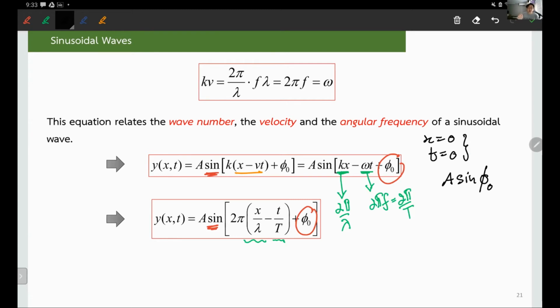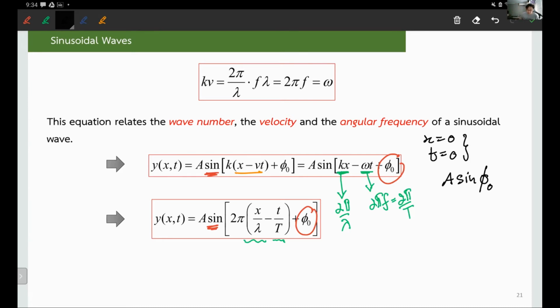So the phi naught gives you the initial phase or initial angle that the wave should be at the starting time and at the starting point. So phi naught can be an initial phase, or a phase constant, something you add on top to make a custom wave that starts at some point. I hope you see this.